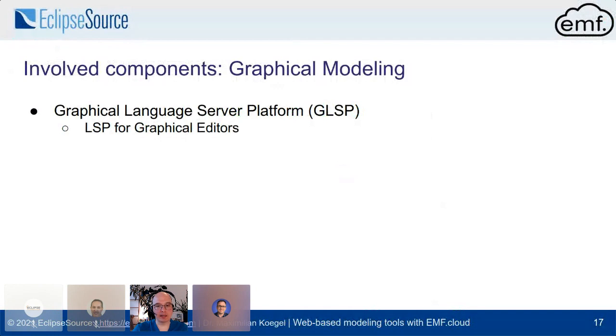All of that is then added to an LSP server. So the LSP client is totally language agnostic and only concerned with writing source code. And to be able to produce auto-completions and the like, it's going to get the information for that from an LSP server. And the same idea also applies to GLSP. So the GLSP client is generic. So it does not know the modeling language.